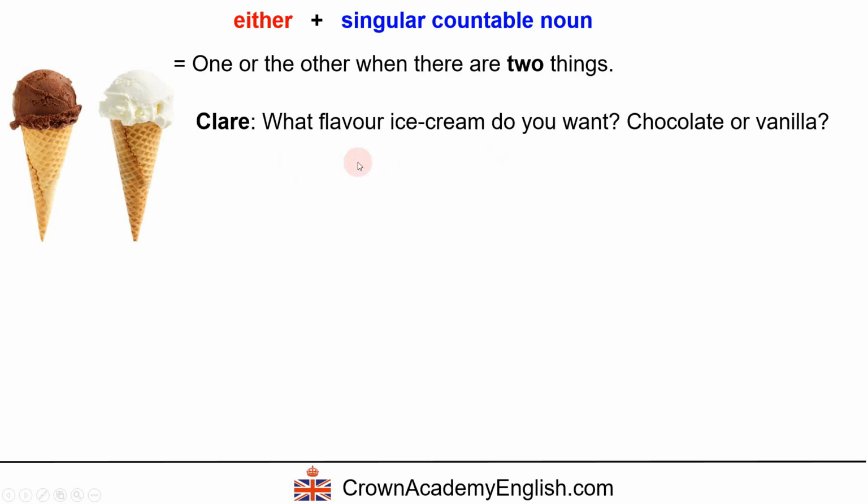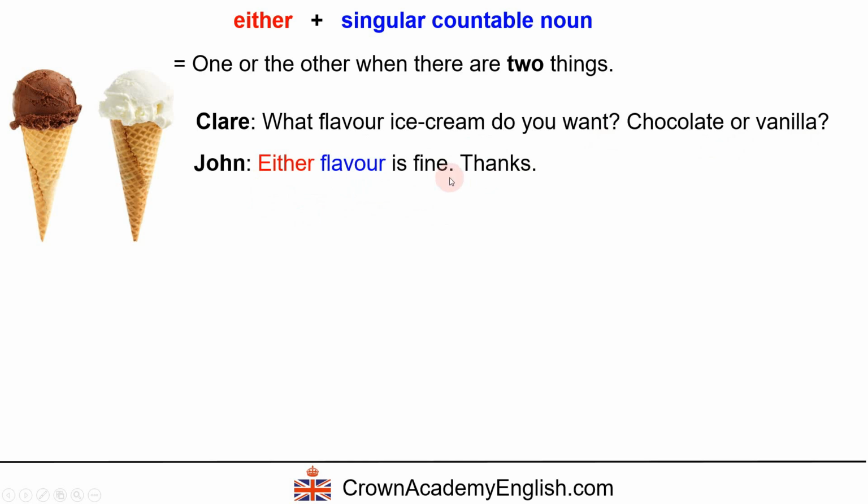Claire asks, what flavour ice cream do you want? Chocolate or vanilla? And John replies, either flavour is fine, thanks. Either flavour is fine. So this means that John does not have a preference.